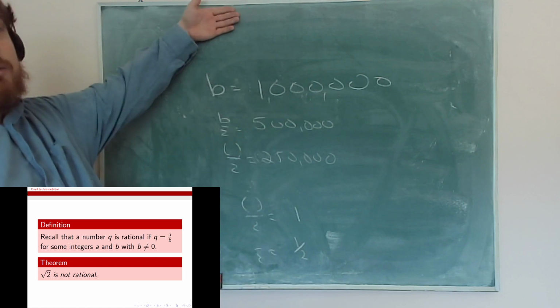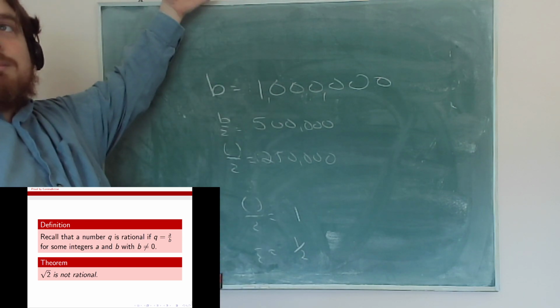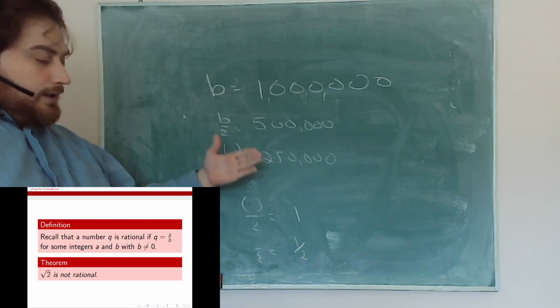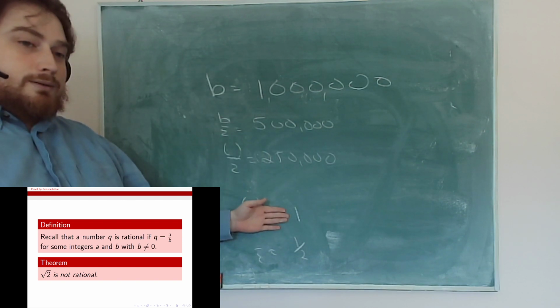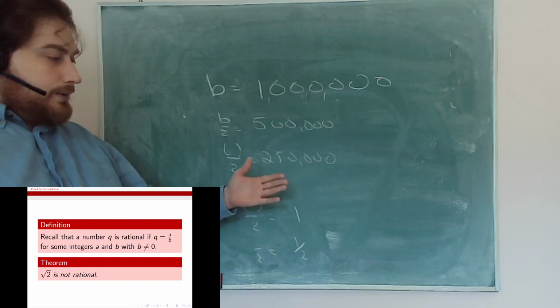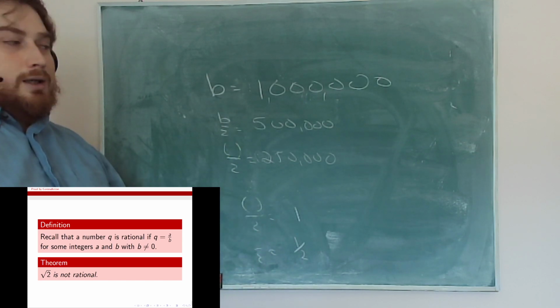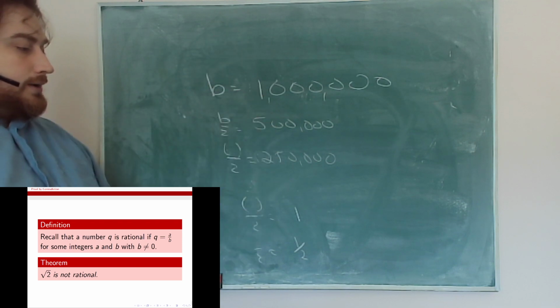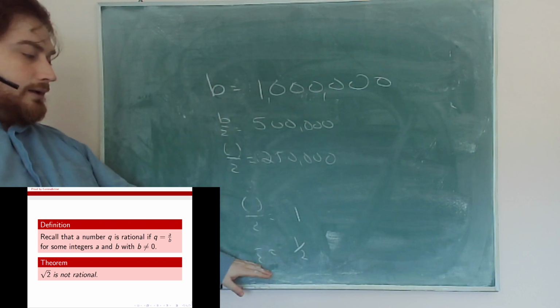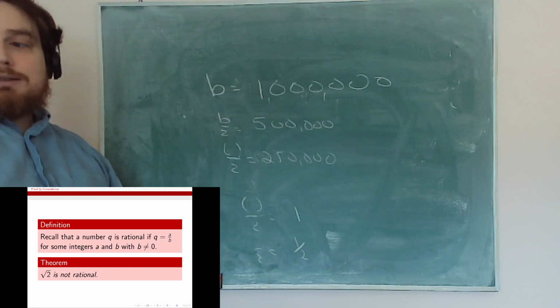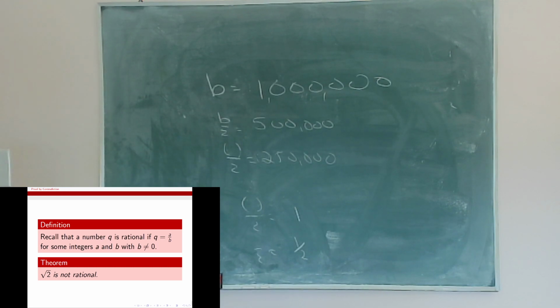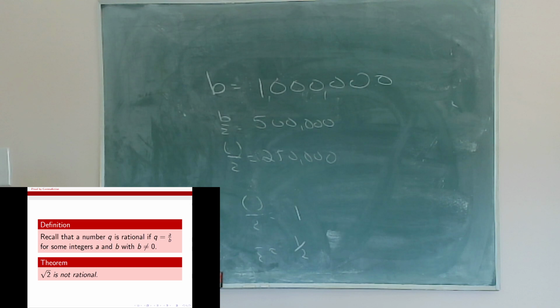If this was 10 billion, I could supposedly divide by 2 10 billion times, but eventually I have to be less than or equal to 1. Therefore, the next time I divide by 2, I'll have to be a fraction. I can't be an integer. So the fact that these have to be integers and they can't be when I divide by 2 enough times, that's the contradiction. Does that help out?